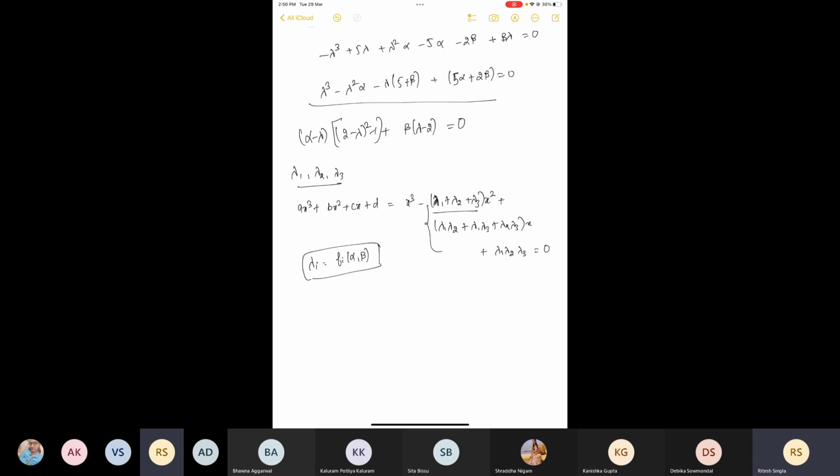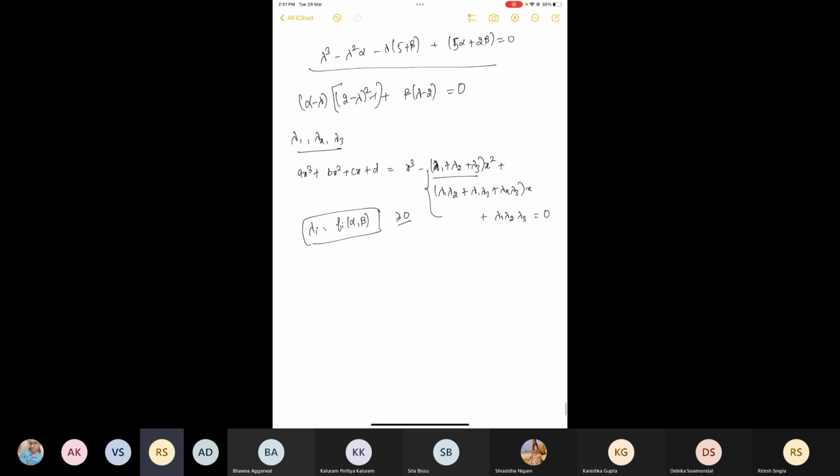And then, do we want these to be greater than or equal to 0? So this is a sort of calculation thing, and I would like to skip it for the time. But this is the way.